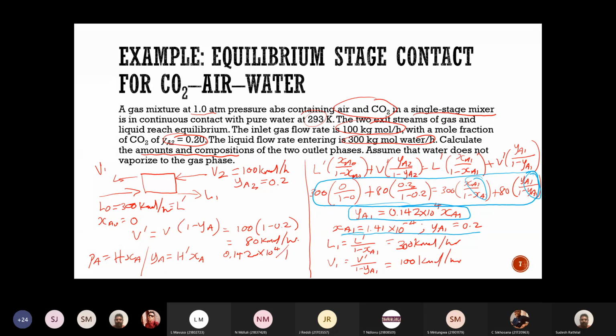Whereas in absorption, you've got inert values, so the air doesn't mix with the water, and that is why we use this equation. Any other questions?